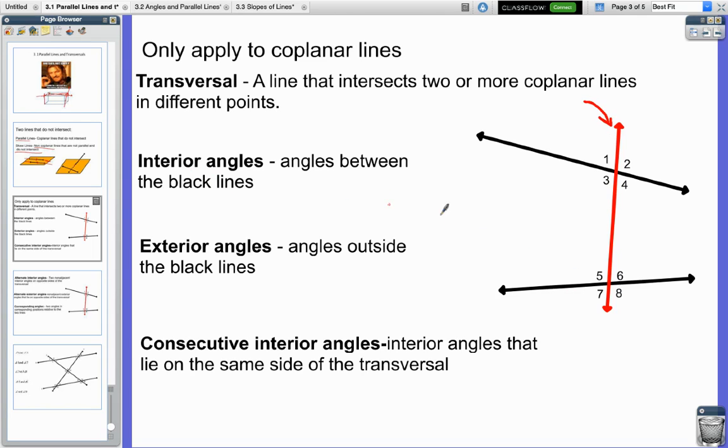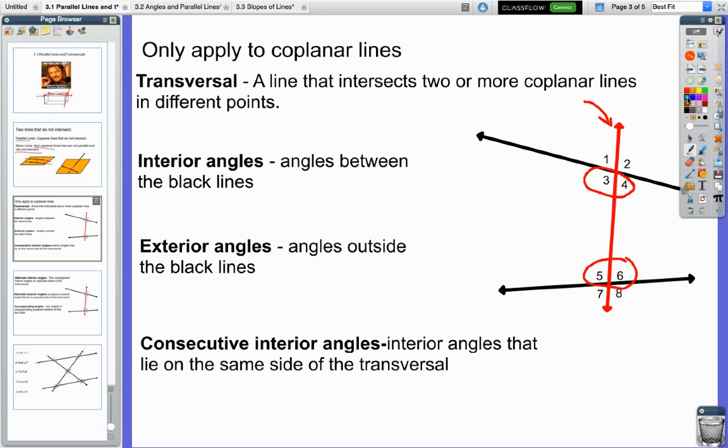Now, when this happens, we have two sets of angles. We get what are called interior angles, so angles on the inside. In this case, that's our 3 and 4 and our 5 and 6. They exist on the inside of all this. So we're going to shade that. We'll say highlighter. There we go. Interior angles are on the inside, so anything that exists inside.